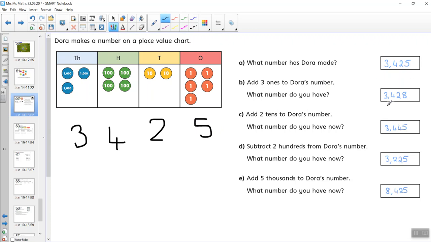Dora's number was 3,428. When we added on 3 tens, her number was 3,445. When we took away 2 hundreds, her number was 3,225. And when we added 5 thousands, her number was 8,425.